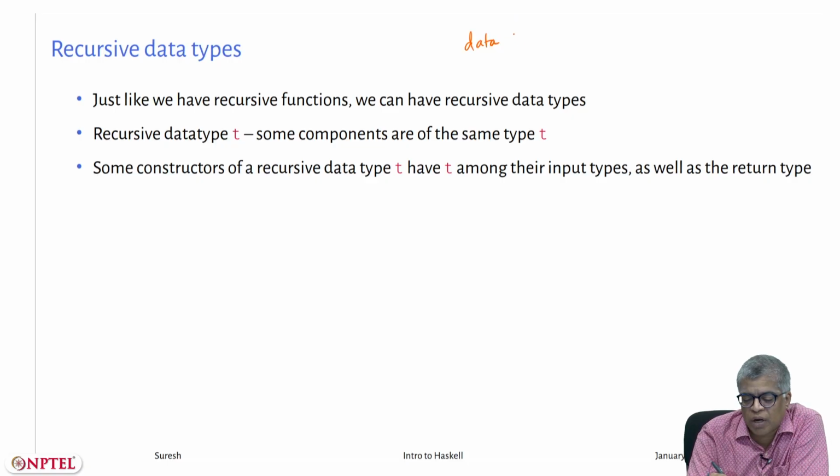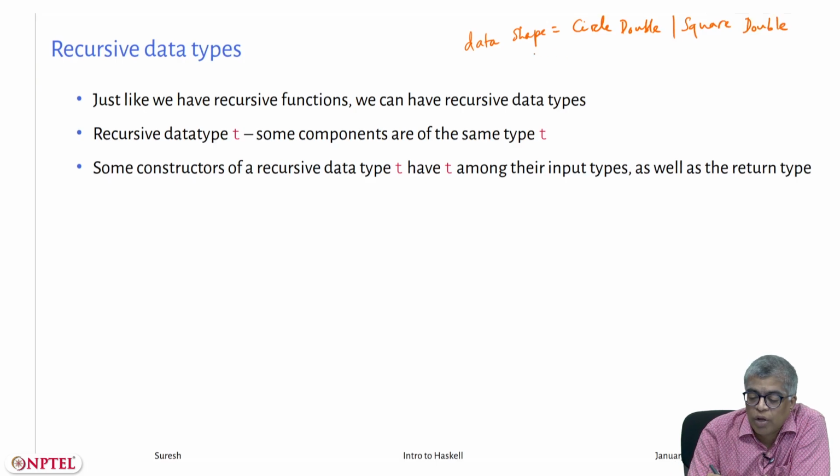If I have something like data Shape = Circle Double | Square Double, the type of Circle will be Double -> Shape. Square also has the same type.